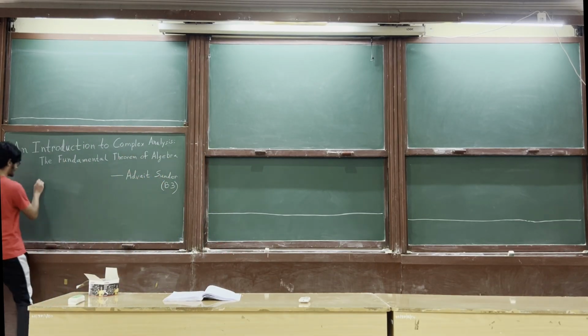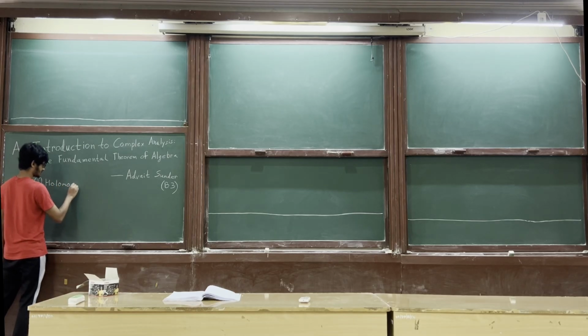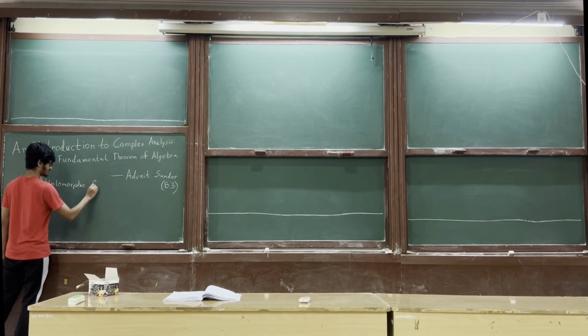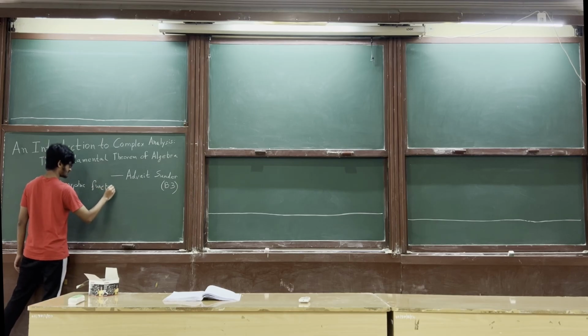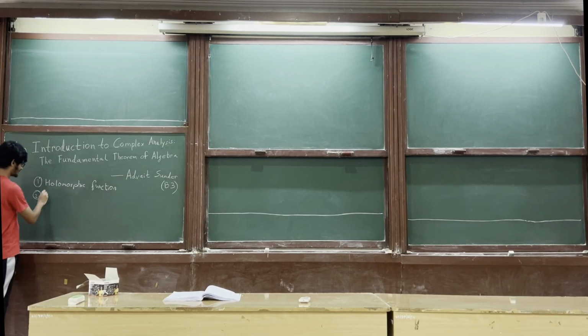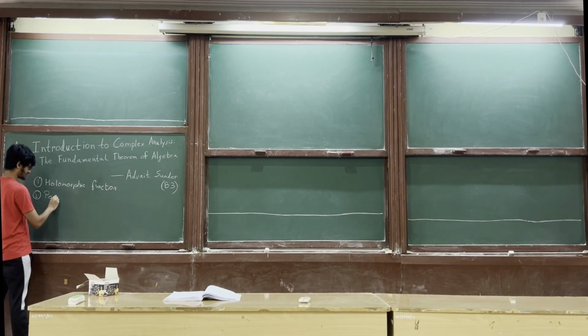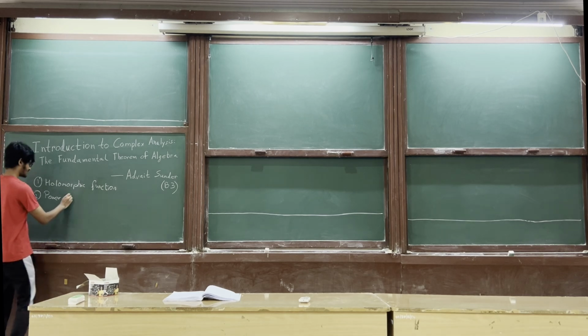I'll first introduce the notion of a holomorphic function. Secondly, we'll see a little bit of what power series are and some properties with respect to their differentiation, integration, and so on and so forth.